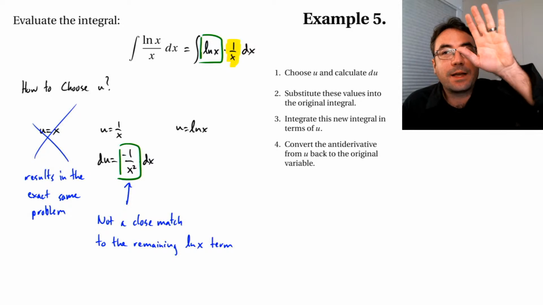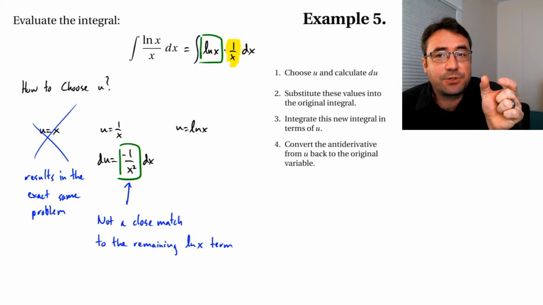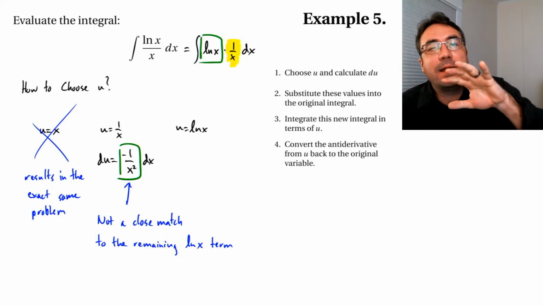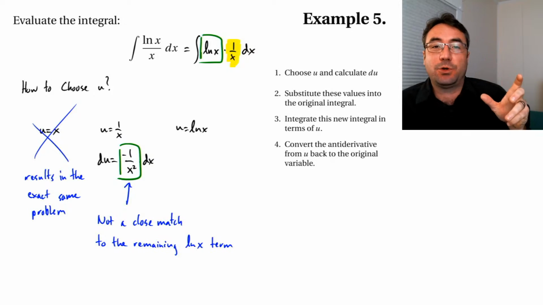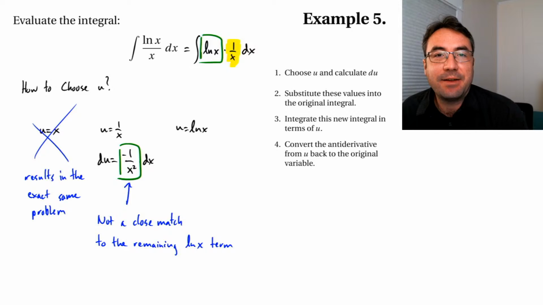So the 1 over x, that's spoken for. What we have left there is natural log x, and that really is not a close match with the 1 over x squared that we see. Again, we might be able to get it to work if we did some algebraic trickery, but it's not very close, so we want to try something else.